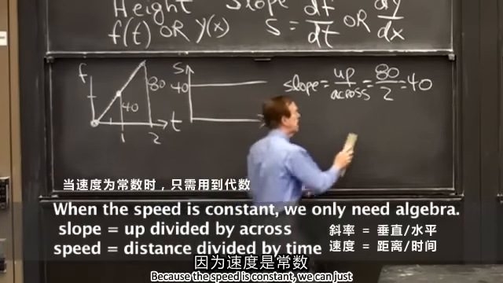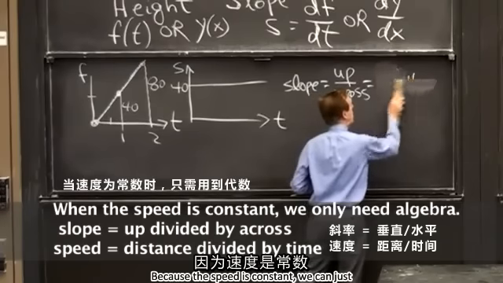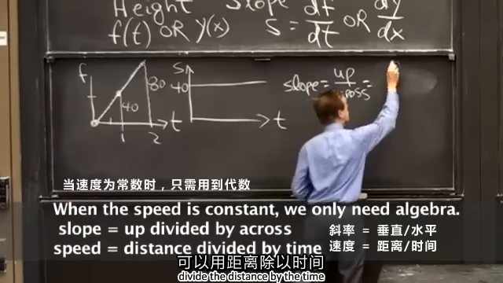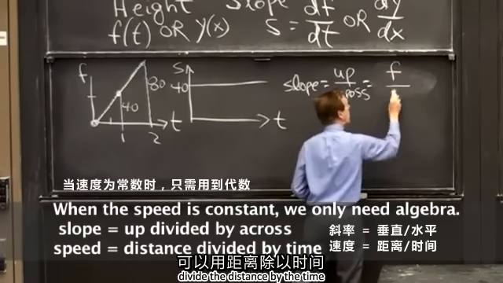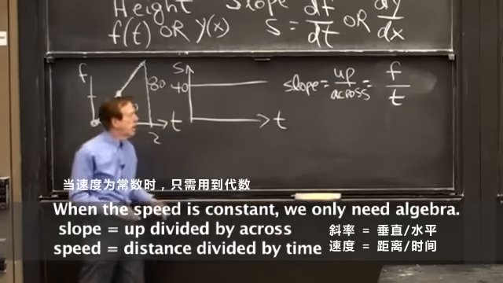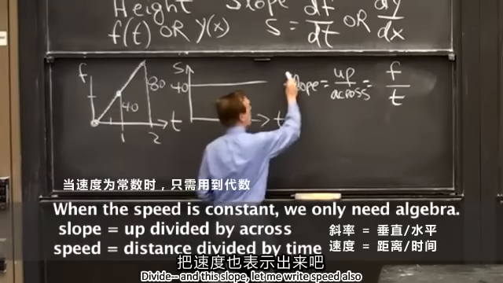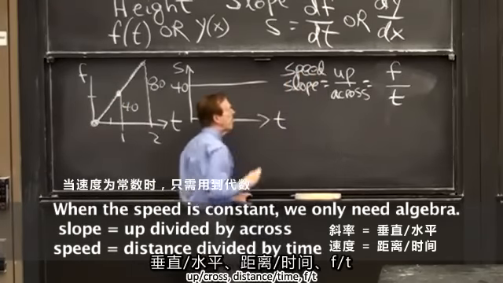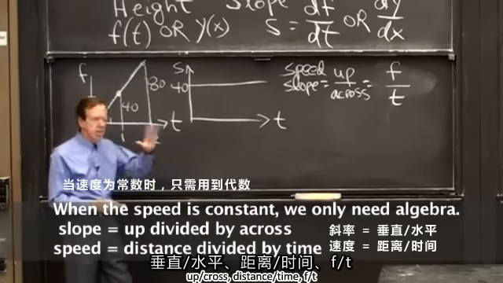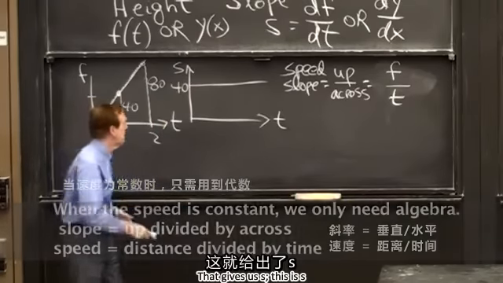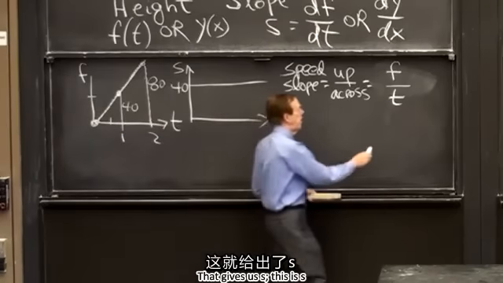Because the speed is constant, we can just divide the distance by the time to find this slope, let me write speed also. Up over across, distance over time, F over T, that gives us S. This is S.